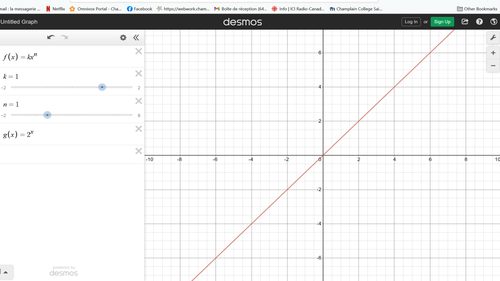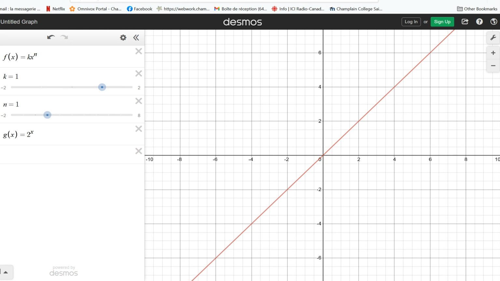One other thing I'd like to show you is the long-term behavior of these power functions. What I mean by this is what happens when x is really large positively or really large negatively. Let's go back and look at the current graph, which is the graph of f of x equals x. As you can see, when x is large, we're going to have large values of f of x.